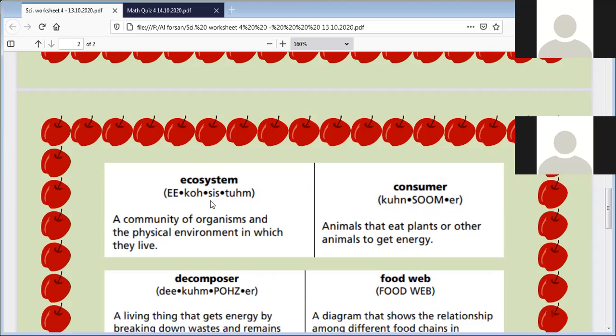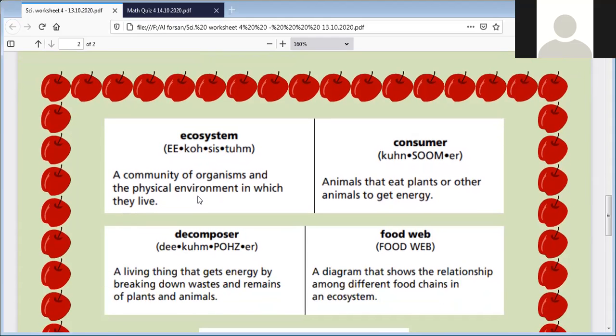Yes. What is ecosystem? A community of organisms and the physical environment in which they live.